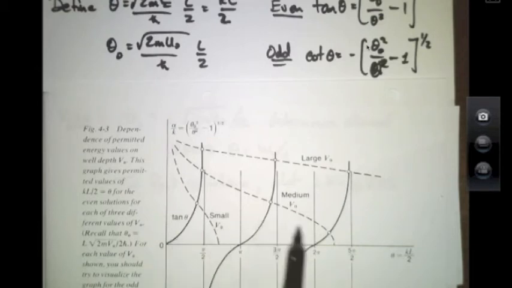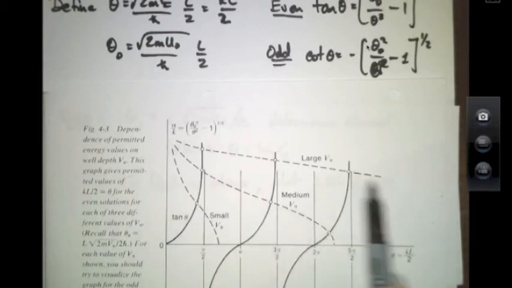But for the larger U naught is, then it crosses the tangent theta graph in more places. So here's 3 such solutions, here's potentially more. The number of intersections where tangent theta equals this function alpha over k is the number of bound states there will be. And that makes intuitive sense. The deeper the potential well is, the more bound states I expect.